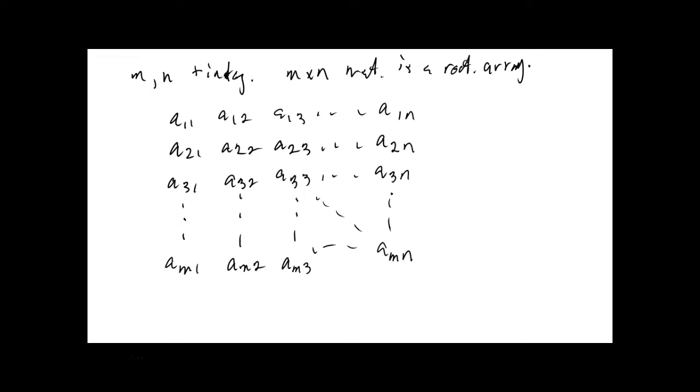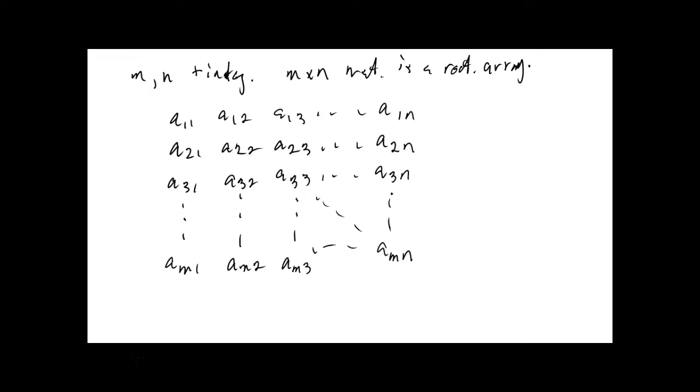Okay? And typically we refer to the elements or members of that matrix with a double subscript. The first subscript indicates the row that it's in. The second one indicates the column that it's in. So there will be M rows, N columns. Make sense? That's how we define a matrix.